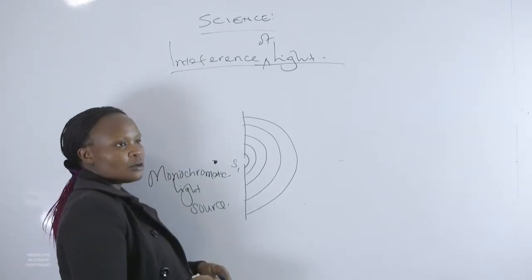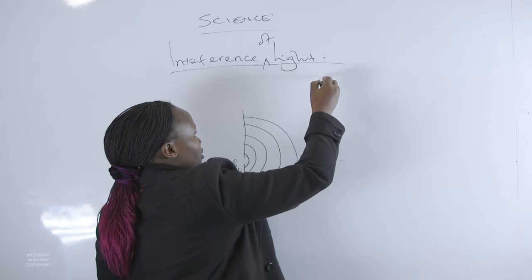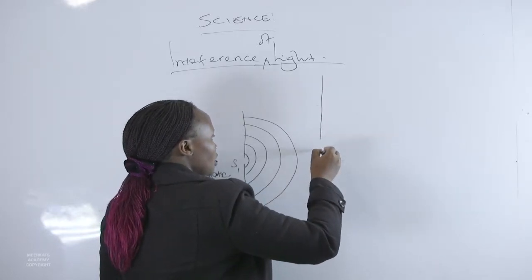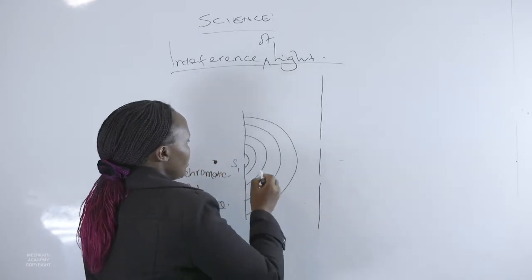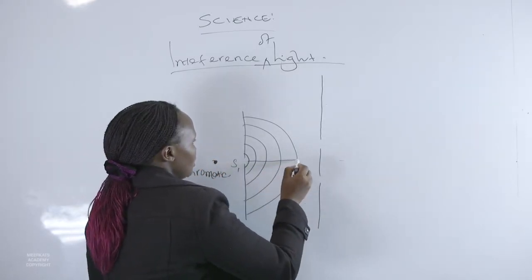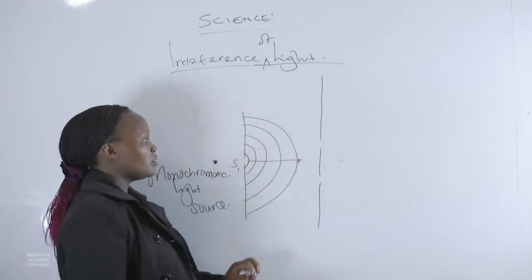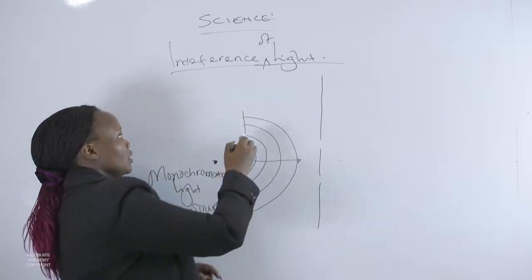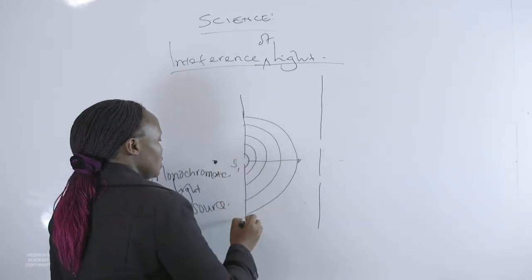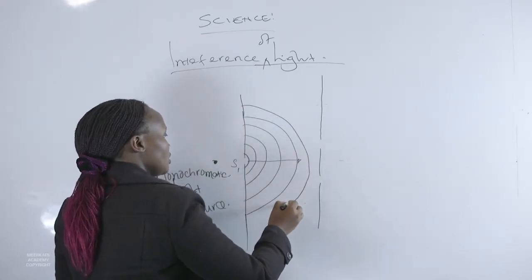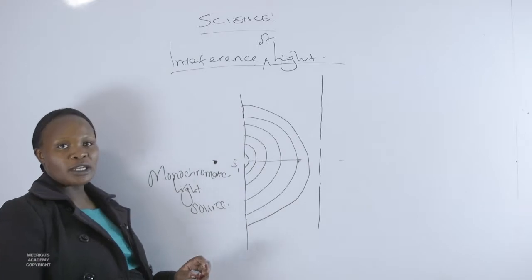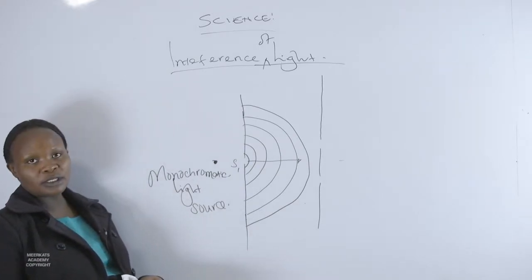Now, these wavefronts, we again pass them through another pair of slits. Remember that the direction of travel of the waves is from left to right. So we are having the diffracted wavefronts turning into a circular pattern.